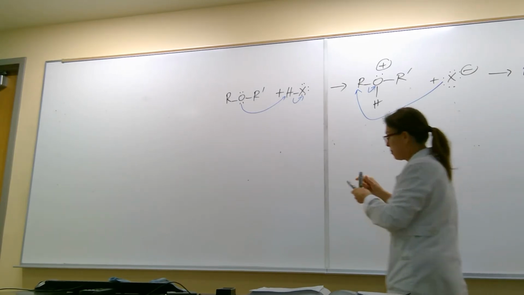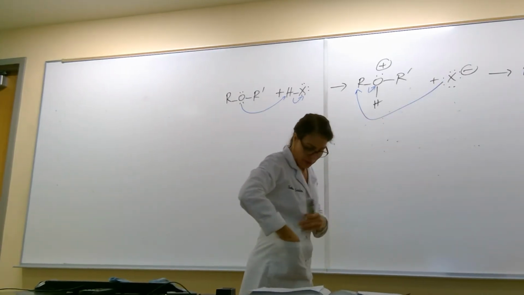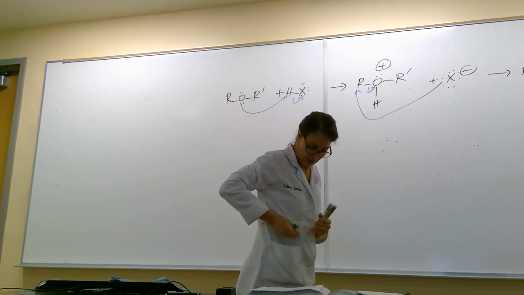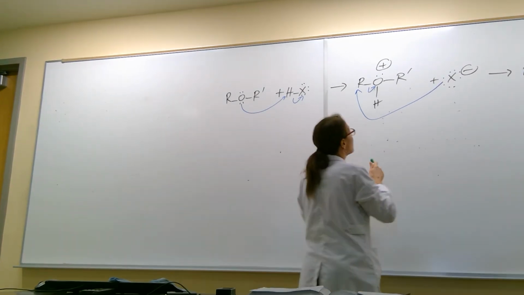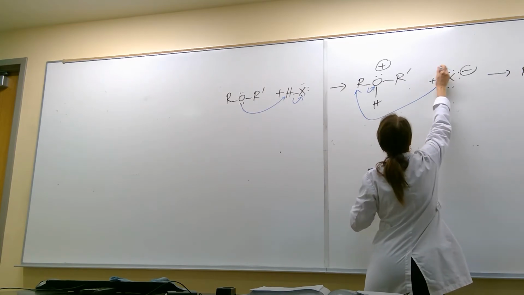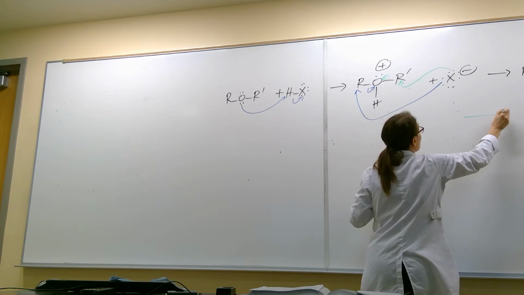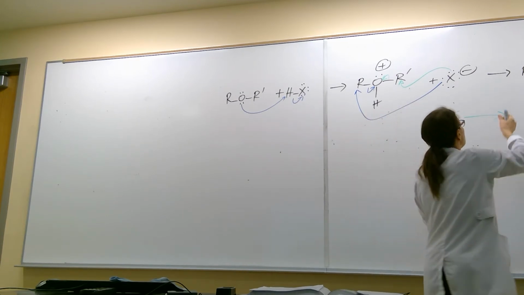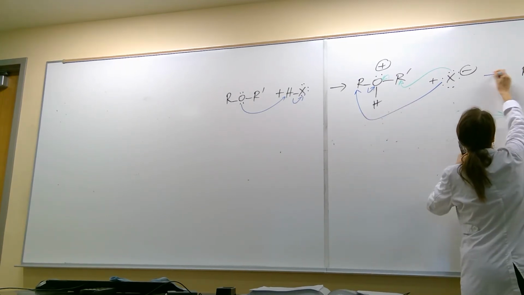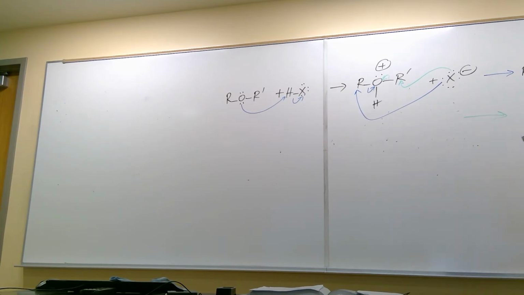But I can also have a green option. So this can come here and this opens. So this is the blue, and the green will give me R OH plus R prime X. Do you see this?